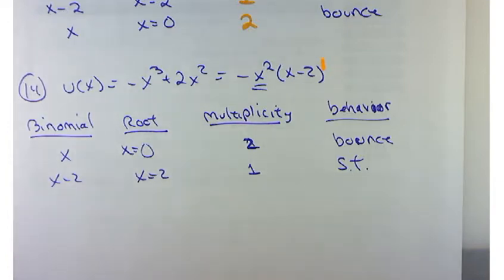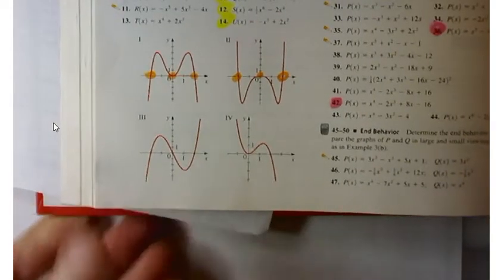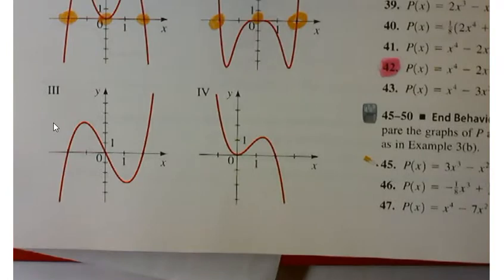Let's see if we can figure out what the graph of this is going to look like. Based on our work just a minute ago, we're going to have a couple of different choices. It has to be one of these two because these are the only odd graphs that we have. So which one do you think?